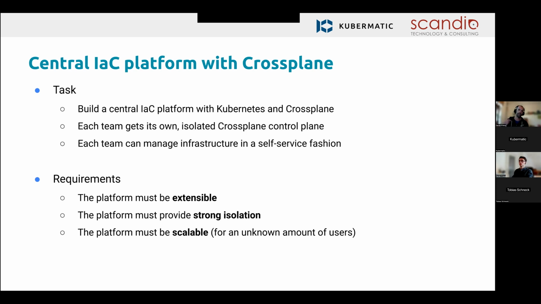So it's important to keep this in mind and implement a way that your platform can scale with a growing amount of users. While there is no single right way to implement such a platform and achieve this level of multi-tenancy, I would like to show you three possible solutions or architectures for how you can provide an infrastructure as code platform at this scale.